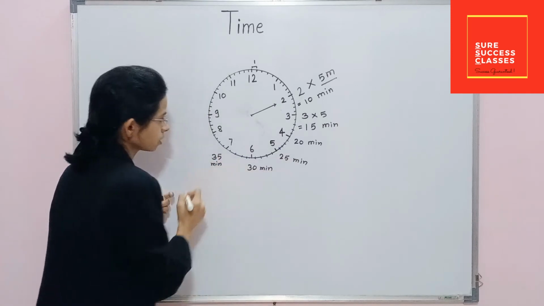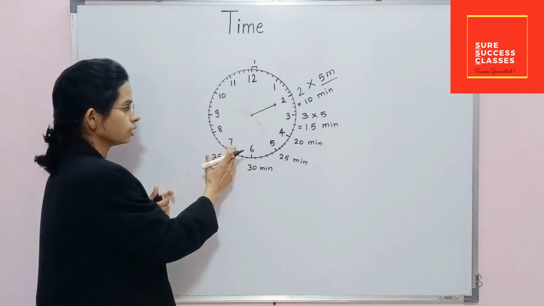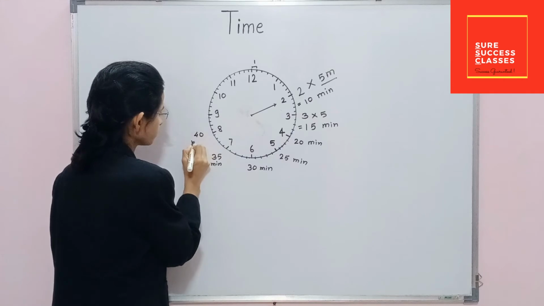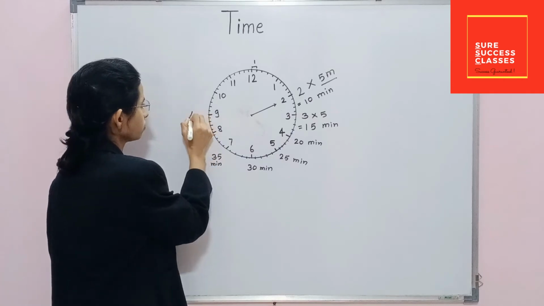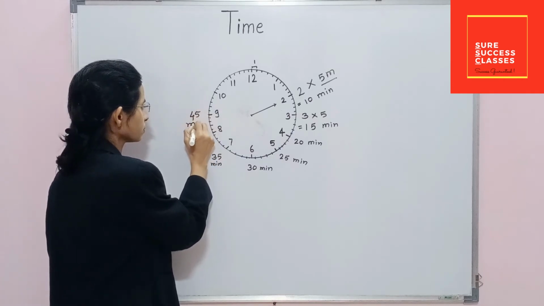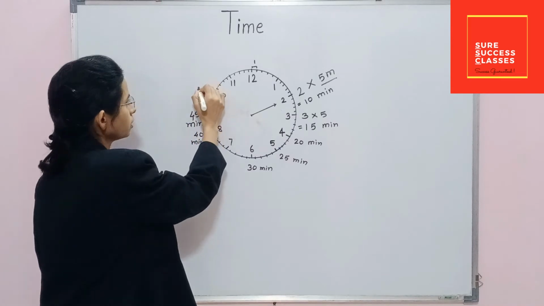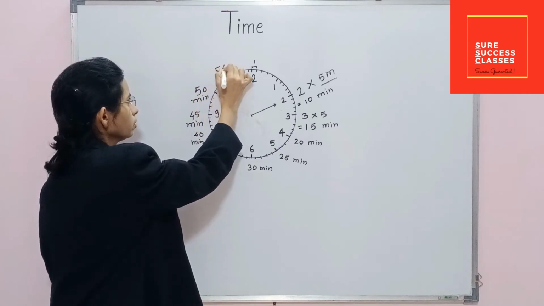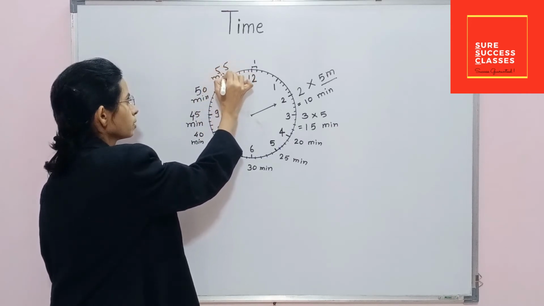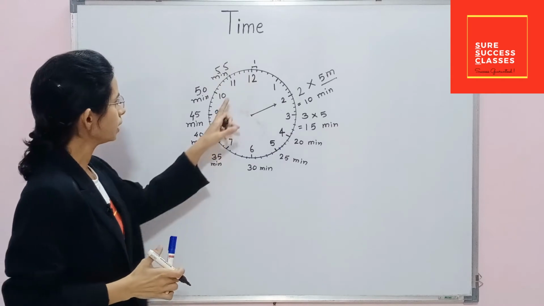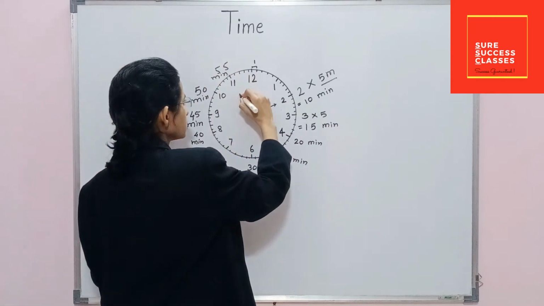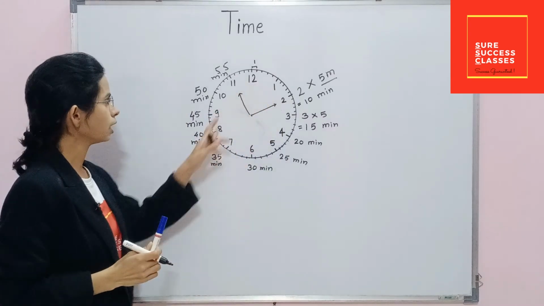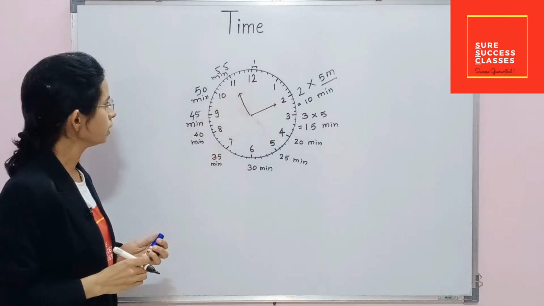In each case, we are multiplying the number by 5 minutes. 40 minutes, 45 minutes, here it will be 50 minutes, 55 minutes.